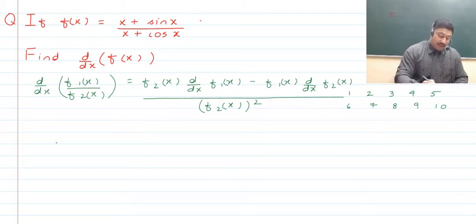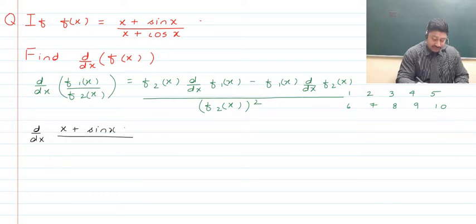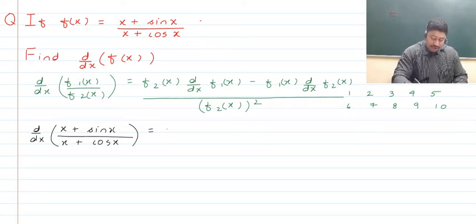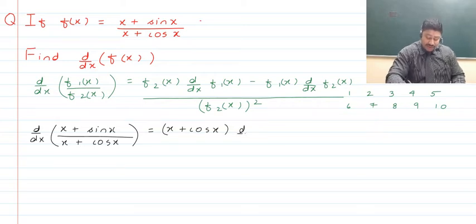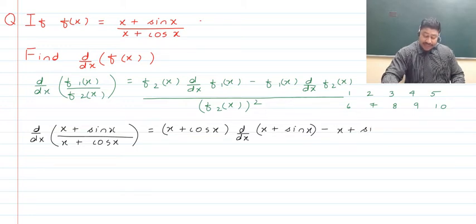Employing this formula now, we will have d upon dx of the function which has been given to us, x plus sine x divided by x plus cos x, will become equal to the denominator, that is x plus cos x, which above we've named as f2(x), times d upon dx of the function in the numerator, that is x plus sine x, and from that children is subtracted the numerator, that is x plus sine x, times the derivative of the denominator, that is x plus cos x.